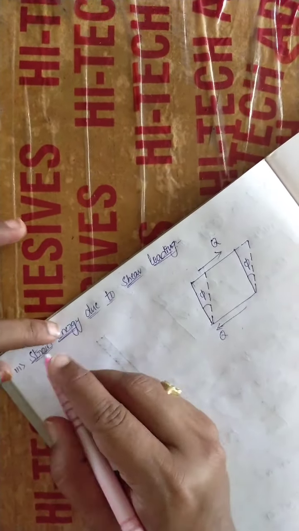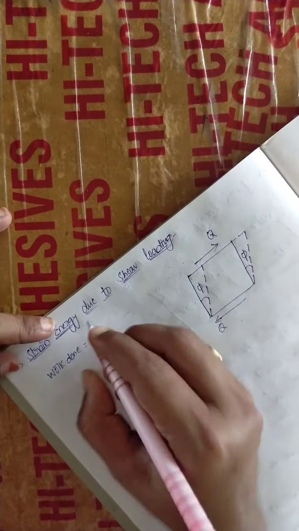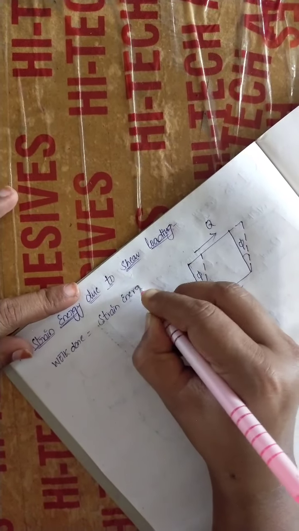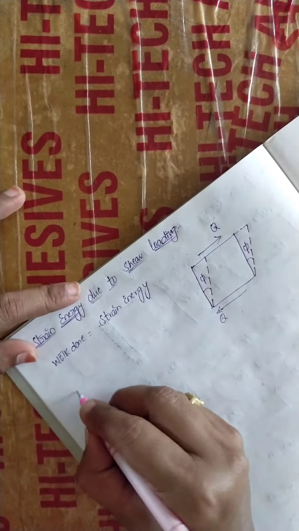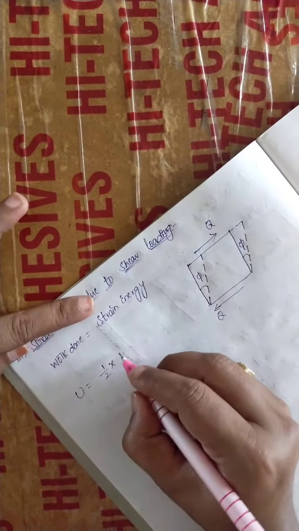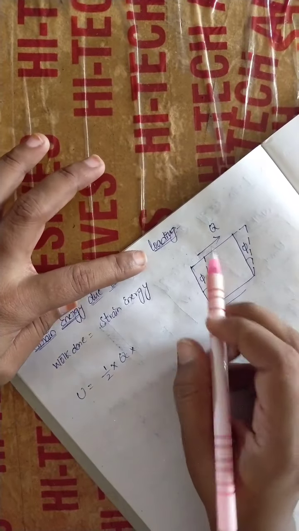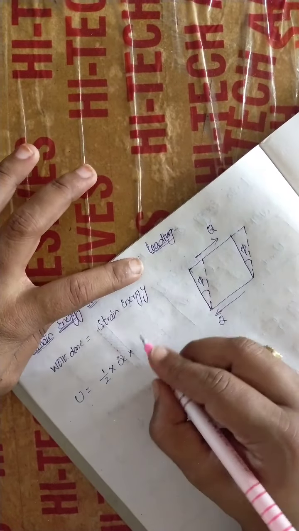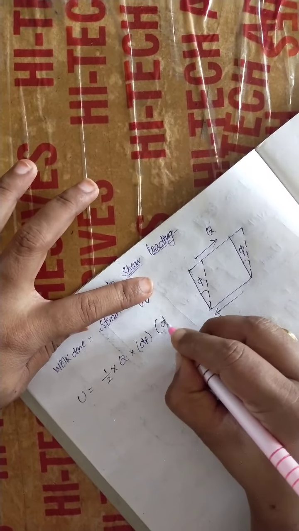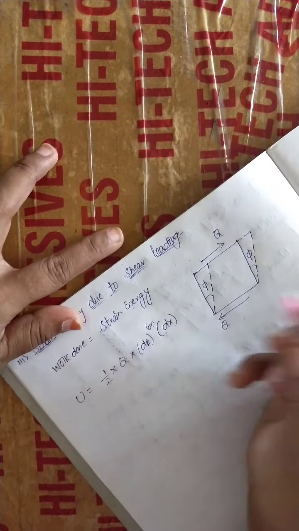So the same formula again, work done is equal to strain energy, where directly we will take strain energy is equal to half into the load acting, which is Q, and here the displacement due to that load we have to consider as d phi, or else for the simple case you can consider dx for no confusion.